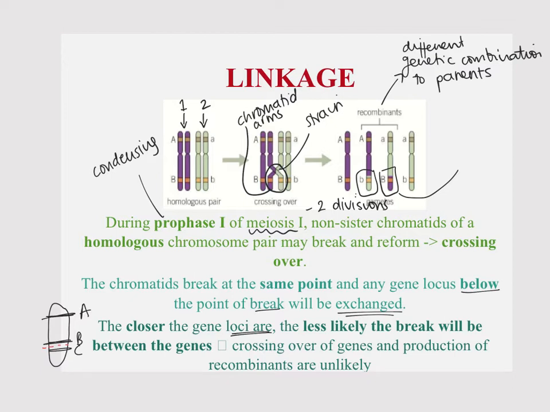Okay, because they're so close, it's not really going to happen. So the closer they are, the less likely the break is between the genes, and therefore the crossing over of those genes is unlikely. And if you're not too sure about that, we're going to take a look on the next slide. So please still bear with me. If you understand, you're welcome to skip the diagram drawing section in a second.